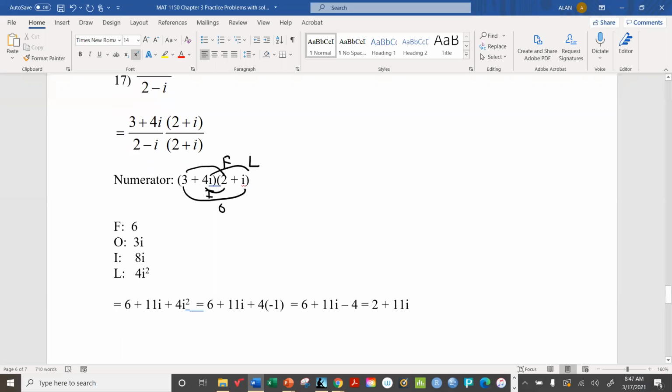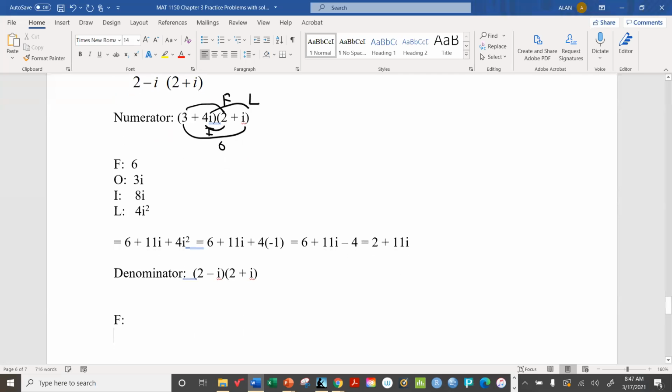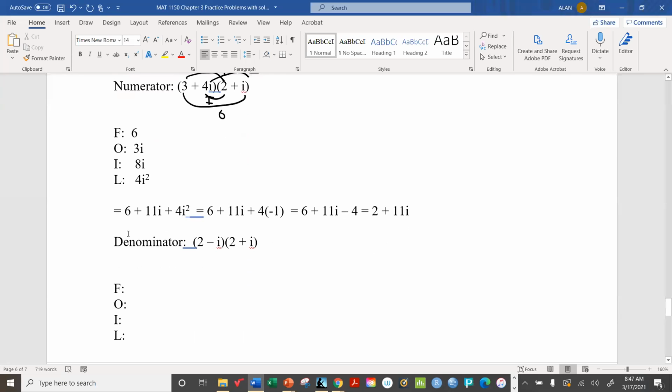That's the numerator. Now we still have a denominator to deal with. And let's try that. And so, what do we have?